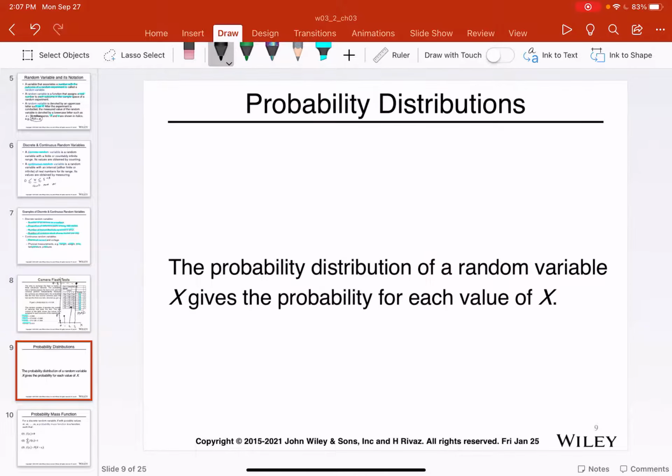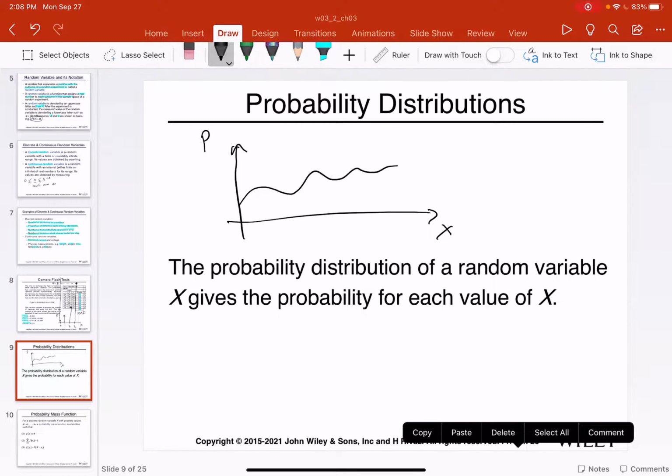Okay. So the probability distribution of a random variable x gives the probability for each value of x. If x is continuous and you tell me the function is like this, then any outcome is easy to calculate.